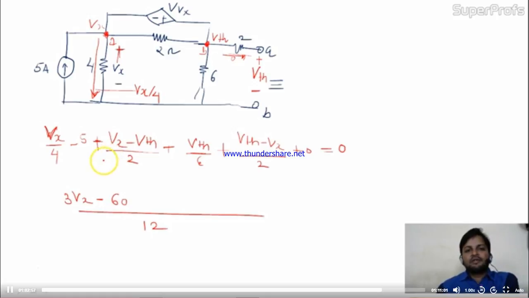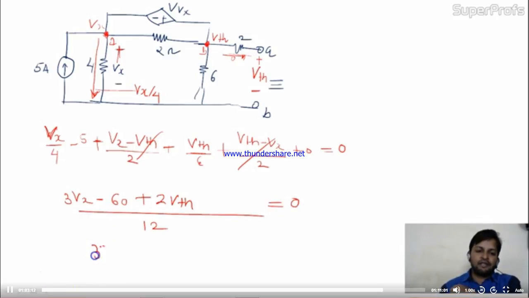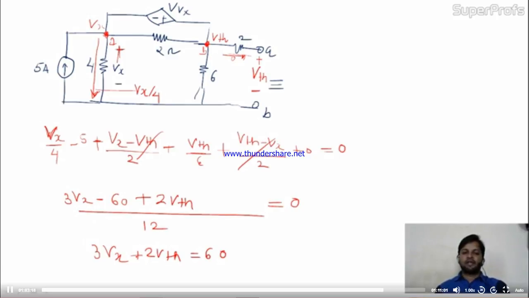So now if you see this and this, they will cancel out each other. Yes, they will cancel out. Now it will be 2Vth equal to 0. So finally 3Vx plus 2Vth equal to 60. Is it okay? Now this is equation 1 and another equation is given here.